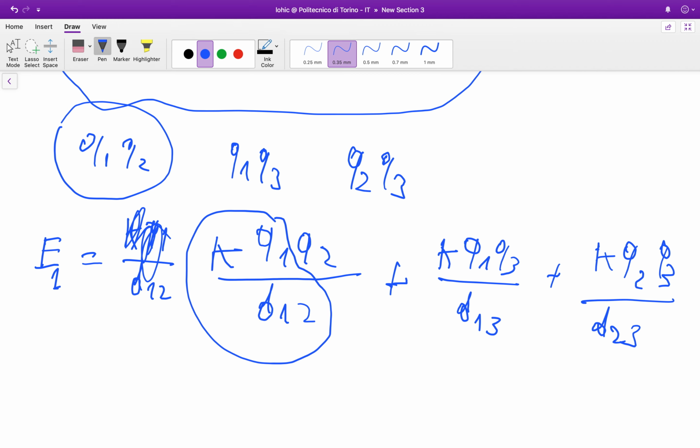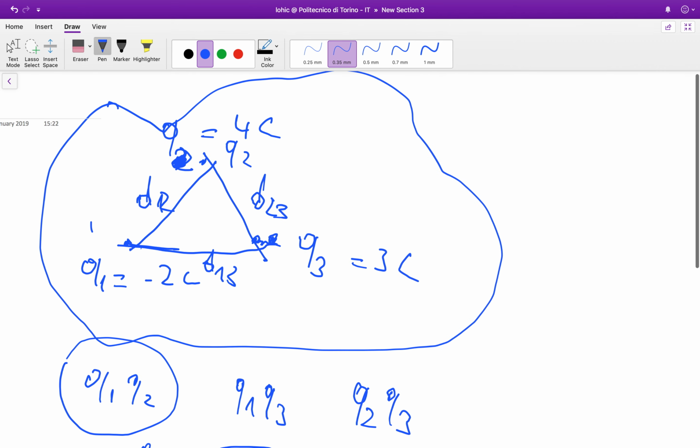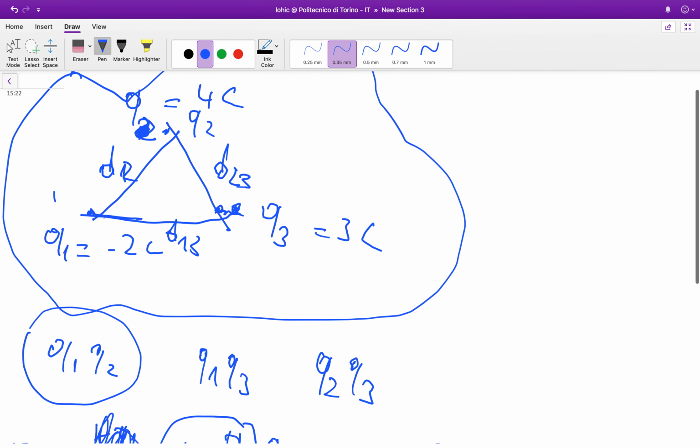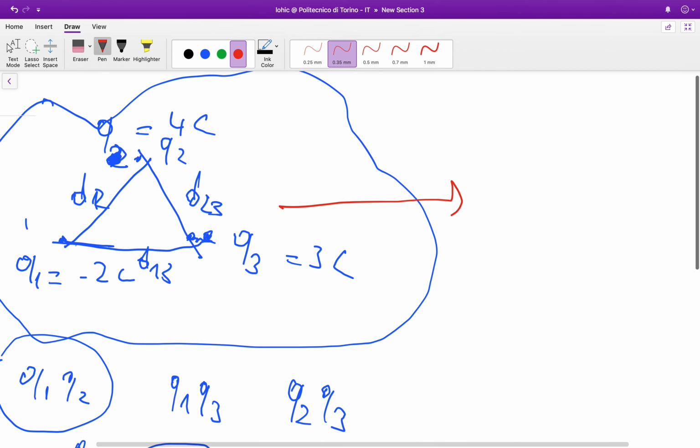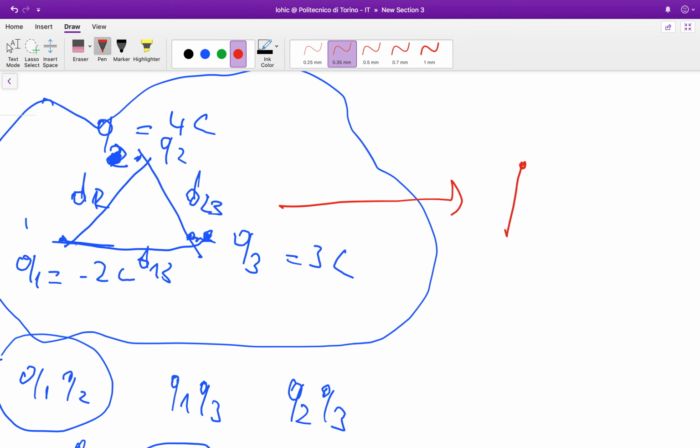And remember the variation of the potential energy. If you have an initial configuration and then, due to something, it flips to a new configuration, let's say the new configuration looks like this.